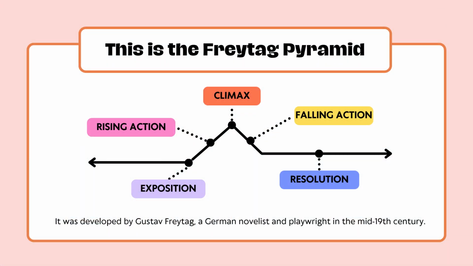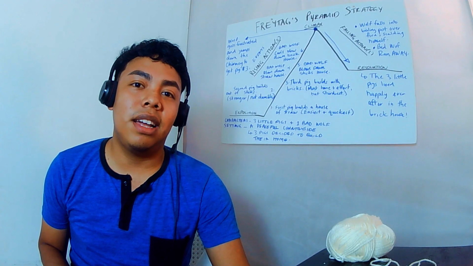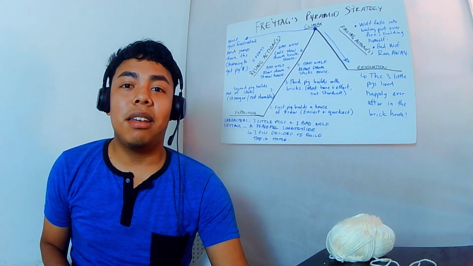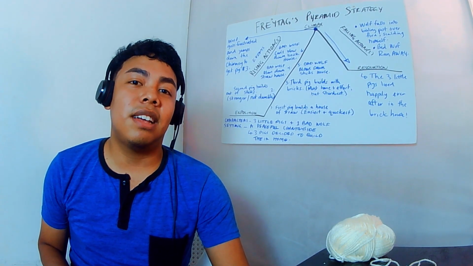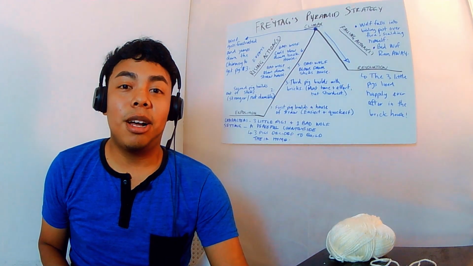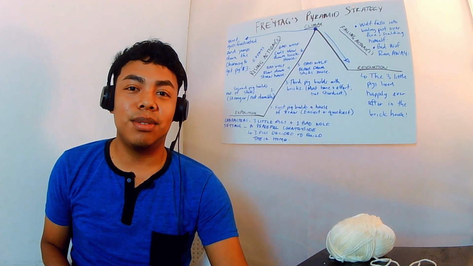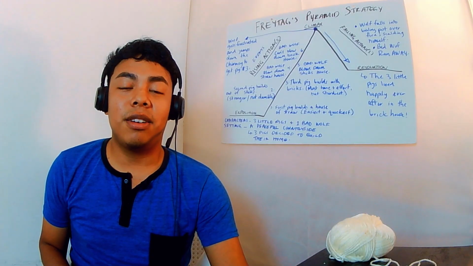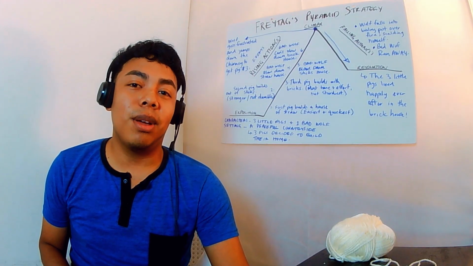It was developed by Gustav Freytag, a German novelist and playwright in the mid-19th century. In this case, we'll be using Freytag's pyramid as a pre-writing strategy because sometimes students do not understand the different structures that are intertwined in writing, and because they do not understand the plot in a story, it becomes a difficult task for students to proceed with writing their stories and being creative with writing.